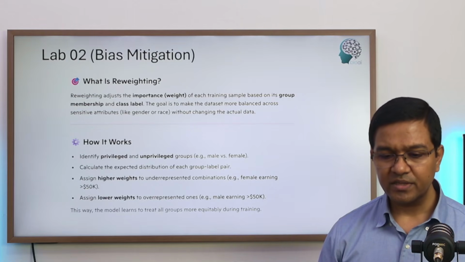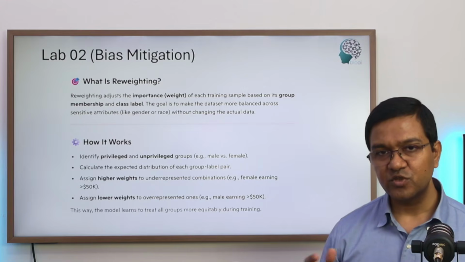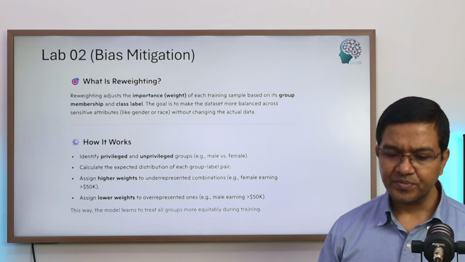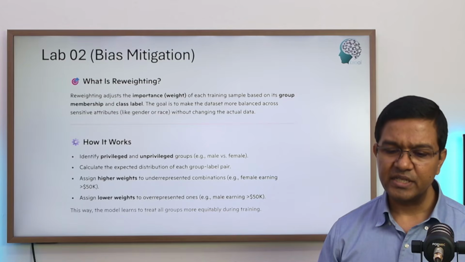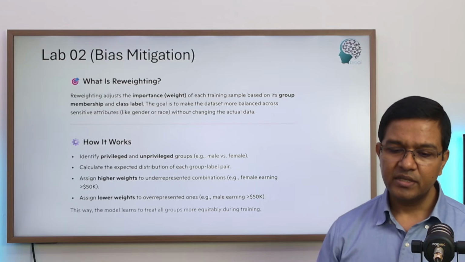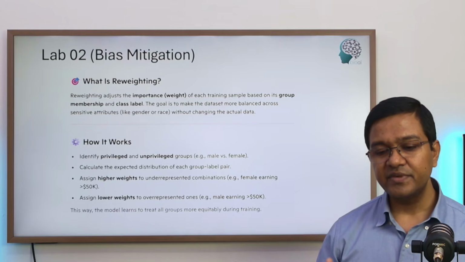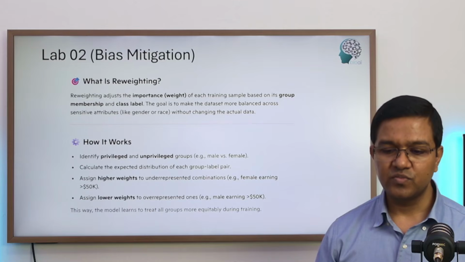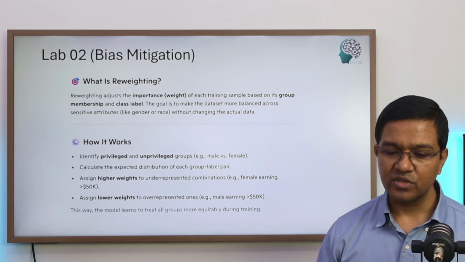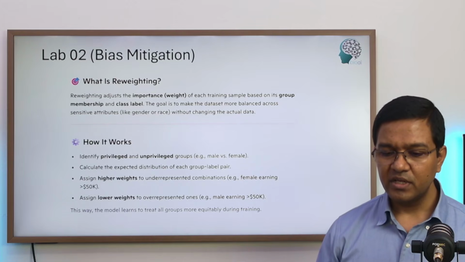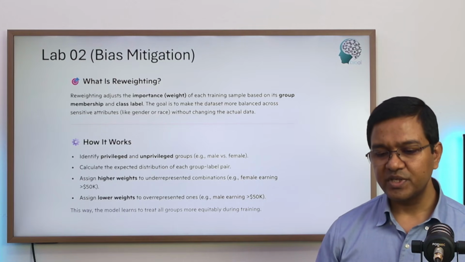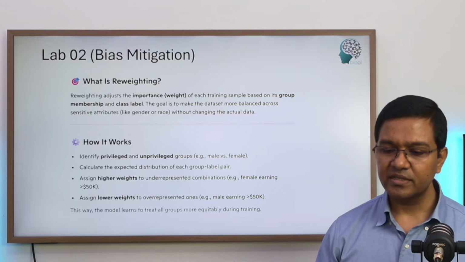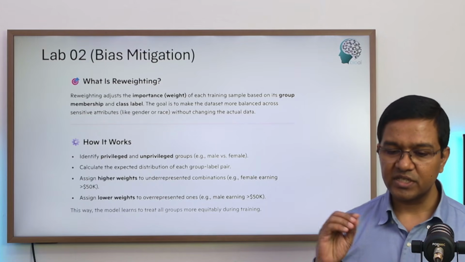There are many methods, and one method we will see today is reweighting. Here we reweight the importance weight for each training sample based on group membership and class label. This way we can make the data set more balanced across sensitive attributes.